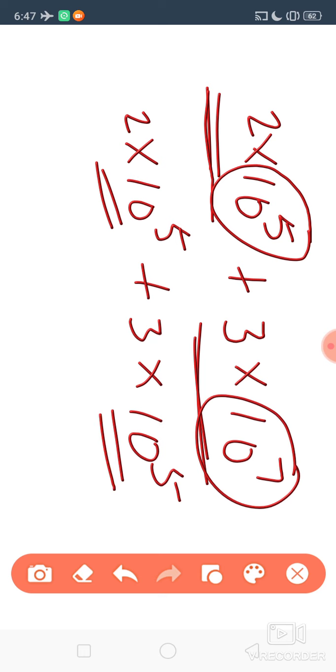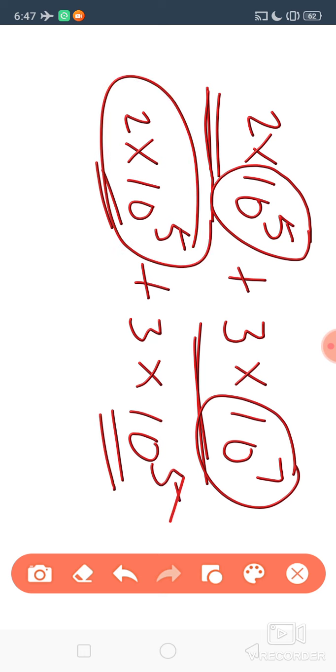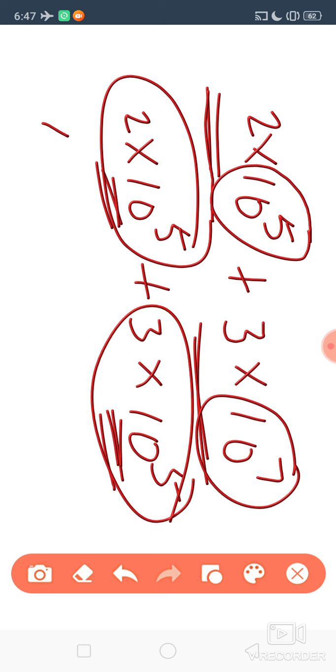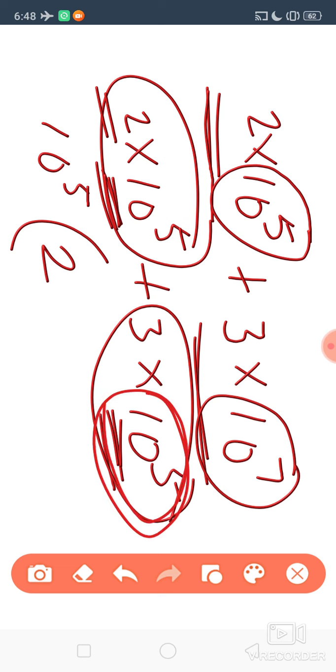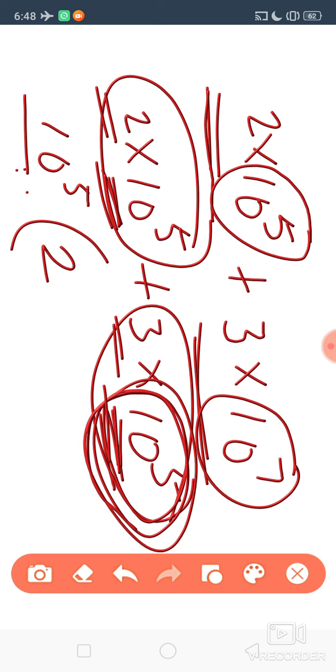So we can take 10 to the power 5 common. Here it is multiplied by 2, so we'll write 2, and here it is multiplied by 3, with a plus sign, so we'll write plus 3.